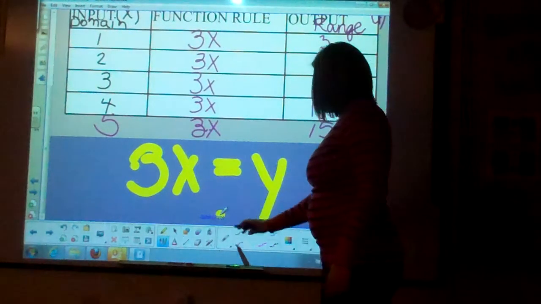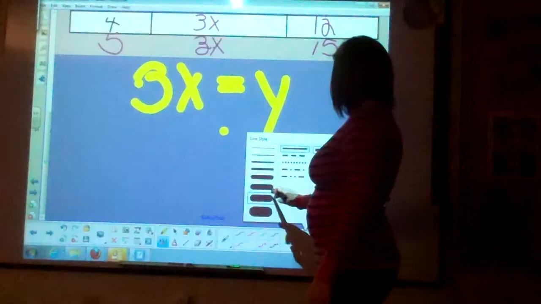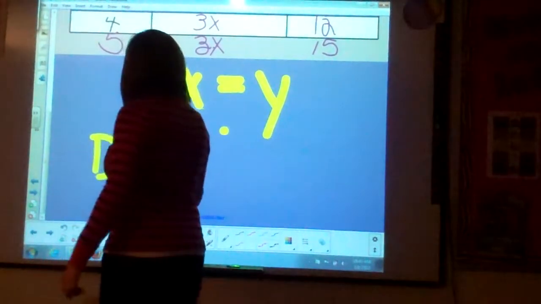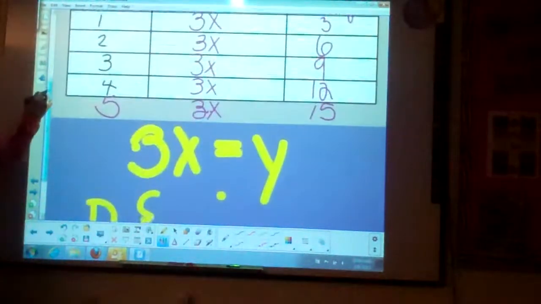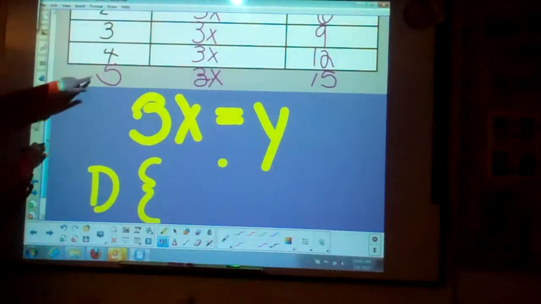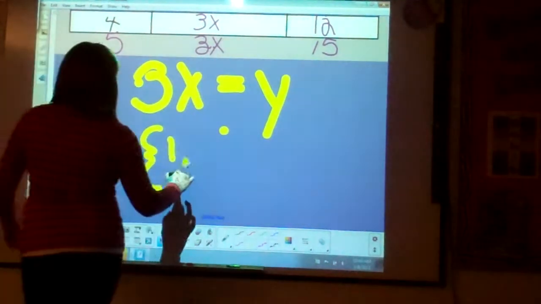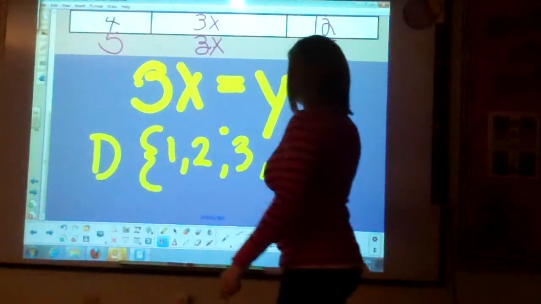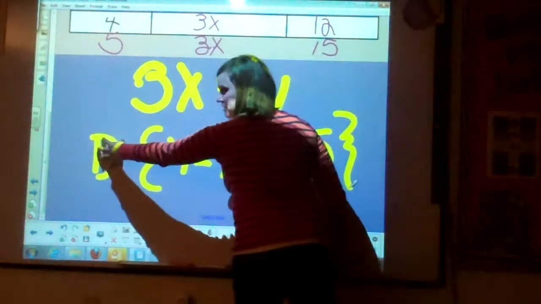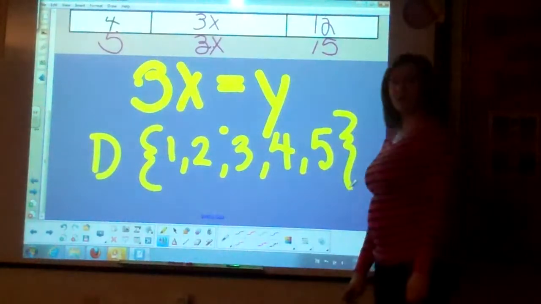The other thing I wanted us to do is list the domain and the range. So what's the domain, according to what we have on our table? 1, 2, 3, 4, and even 5. We added 5 up there. So the domain is 1, 2, 3, 4, 5. You can abbreviate it with just a D and a little bracket.